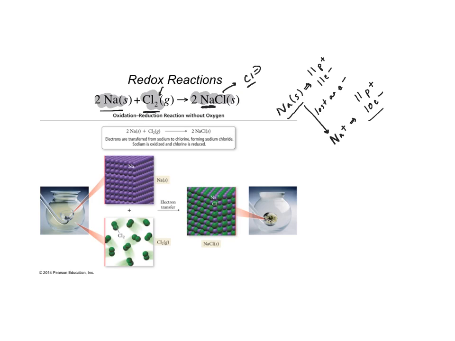To have this -1, it had to have gained an electron, right? So it had to have gained electrons. So what has happened in this reaction? Sodium has lost an electron, and it has given it to chlorine, okay, to get our sodium +1 and our chlorine -1. So this is the perfect example of what a redox reaction is, the transfer of an electron from one reactant to another.